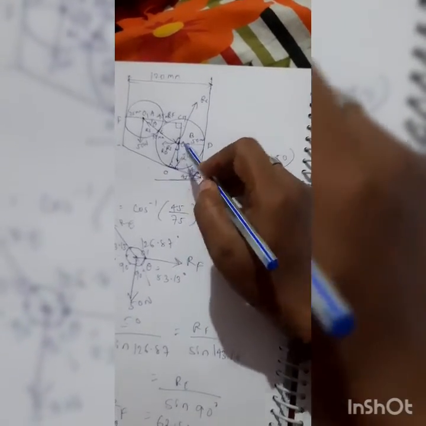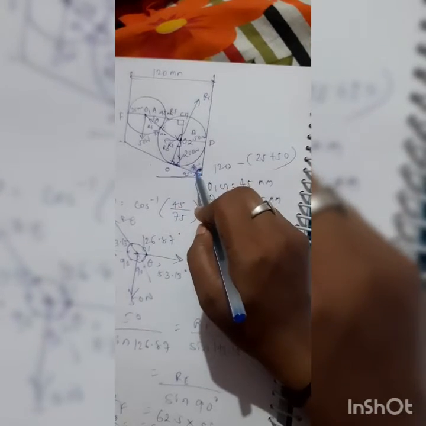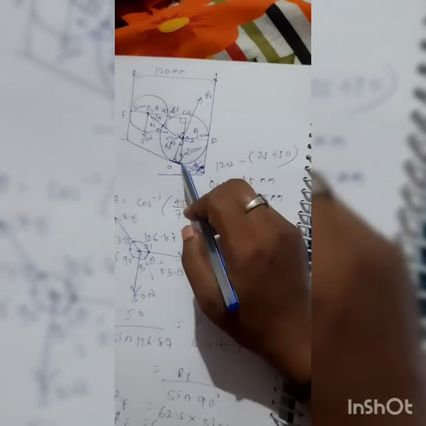So this angle, this is acting normal to this contact point, so we will extend this line. So here to here it is 90 degree. So we know that this angle and this angle are same parallel angle. So if this is 45, then this is 45, then total angle of a triangle is 180 degrees.